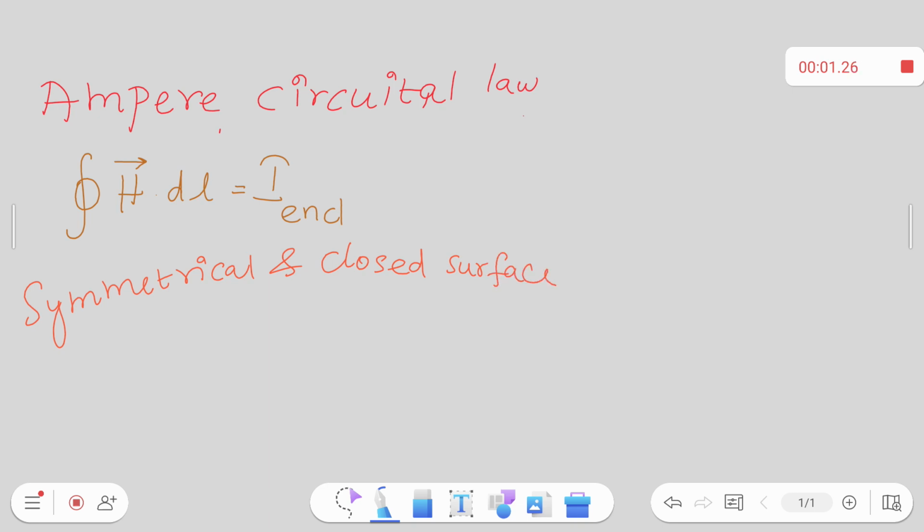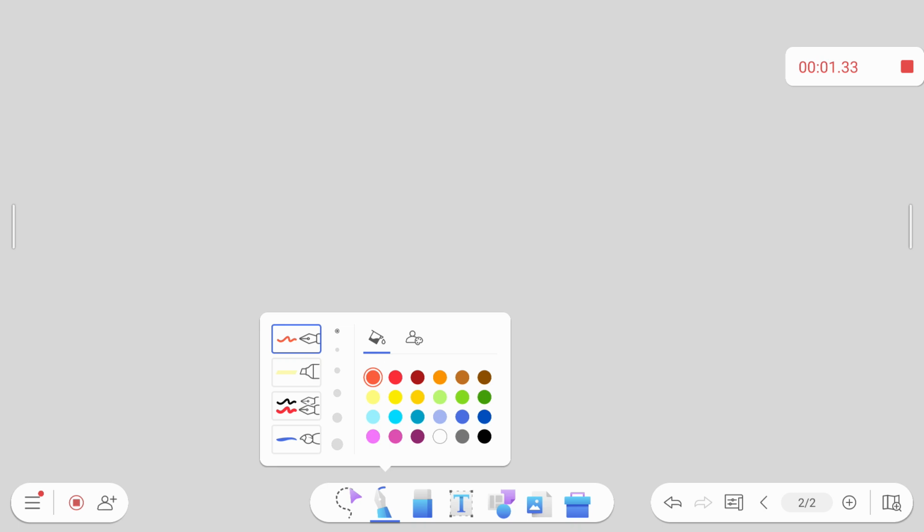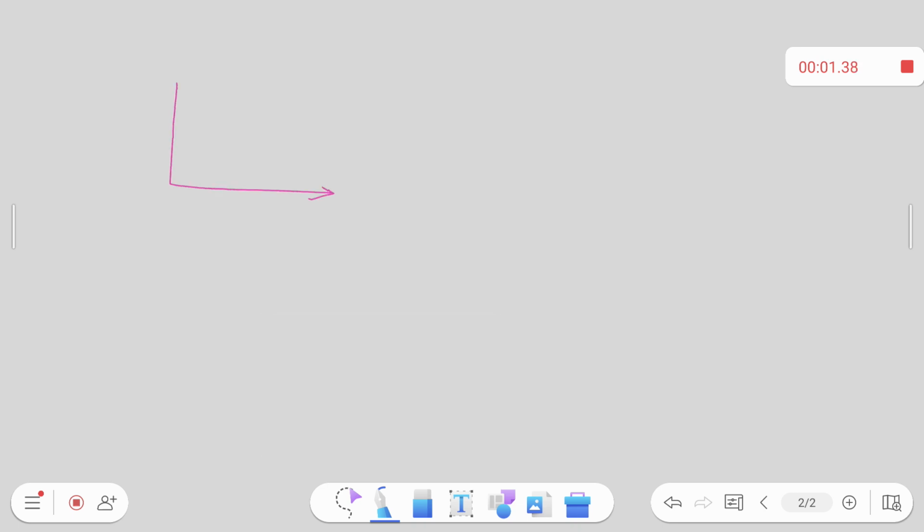So now let us use this Ampere Circuital Law and determine the magnetic field intensity of a long straight conductor. For this, let us take a cylindrical coordinate system where we have a long straight conductor and the orientation is along the a phi direction, that is the vector phi direction.